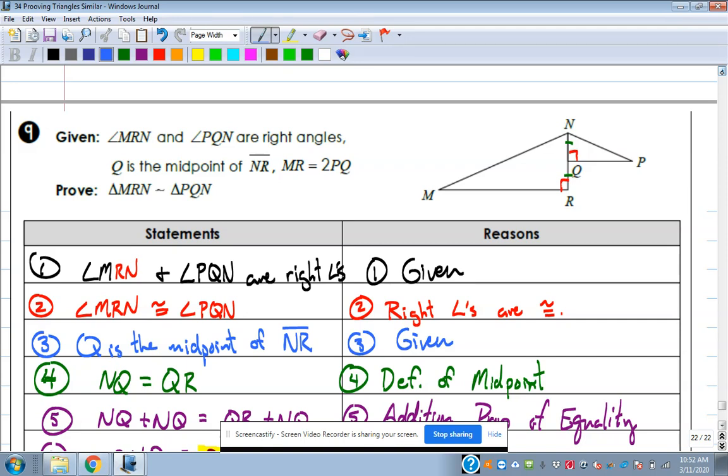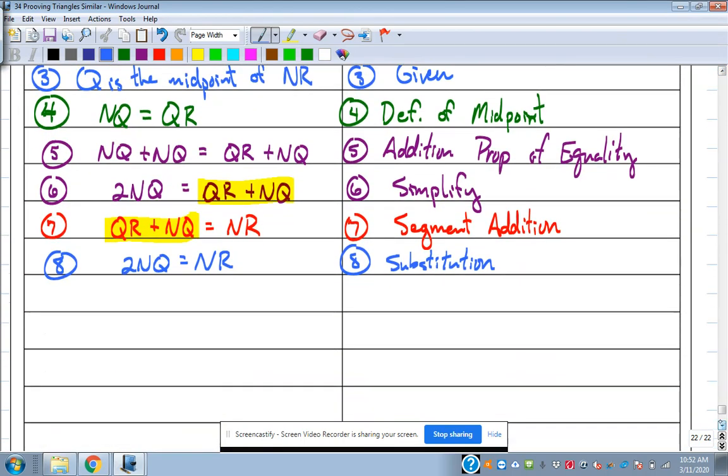Look at the last line we wrote. NR and NQ are in there. How could I get that fraction with those two sides? Divide by NQ. If I divide by NQ, 2 is equal to NR over NQ.